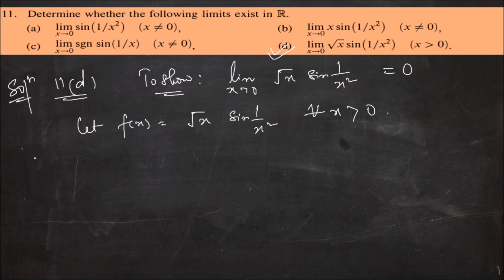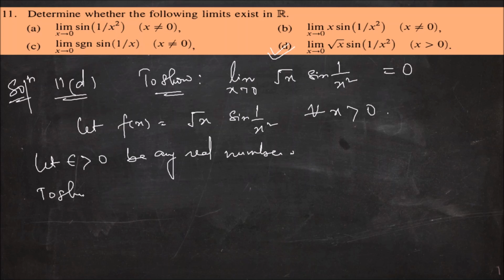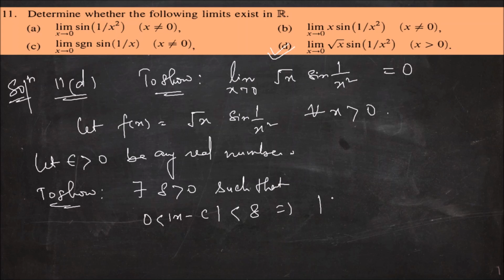So for that we will choose any epsilon greater than 0. So let epsilon greater than 0 be any real number. Then to show there exists delta greater than 0 such that 0 < |x - c| < delta should imply |f(x) - 0| < epsilon.